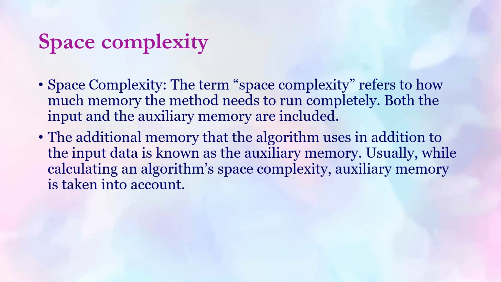It includes both the memory which is actually required and also the additional memory which we call the auxiliary memory. The additional memory that the algorithm uses over and above your usual memory is what you call the auxiliary memory. So space complexity generally involves both the original memory as well as the auxiliary memory. This we need to remember.